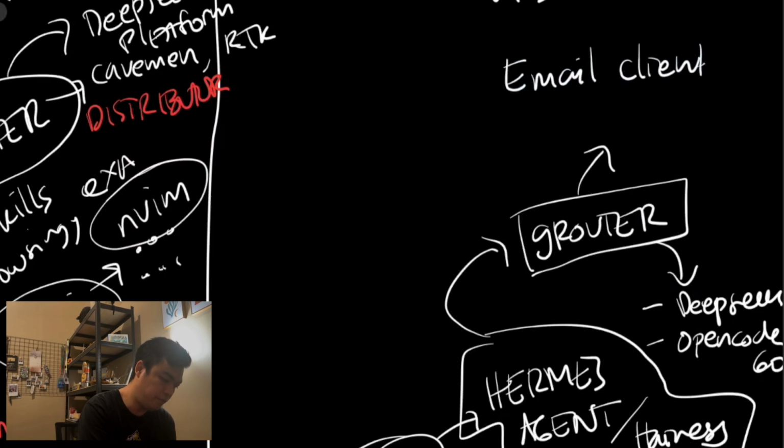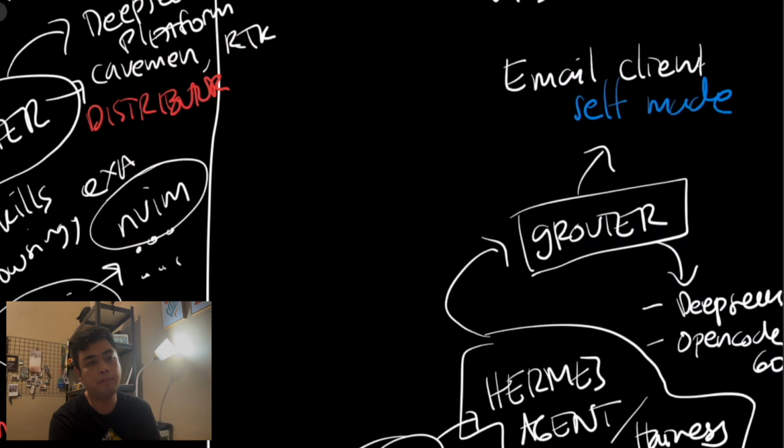This one is self-made. I made my own email client, because here's the issue: I'm mainly using my office email, which is an organization, education email. They don't have something like a token that can integrate to the Hermes agent, so I need to create my own email client.